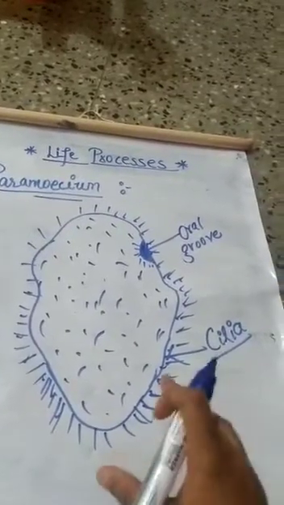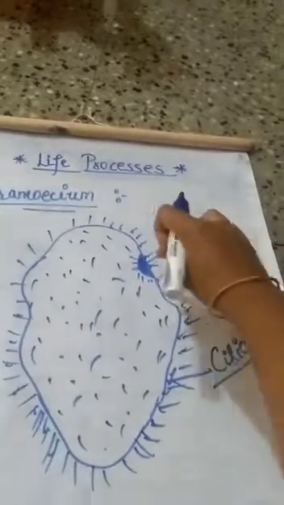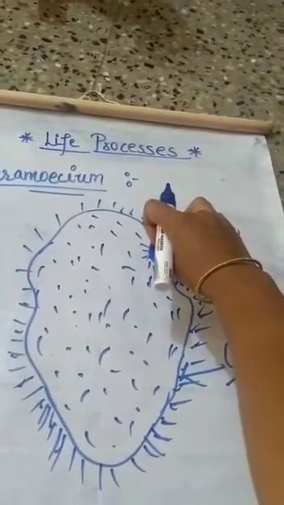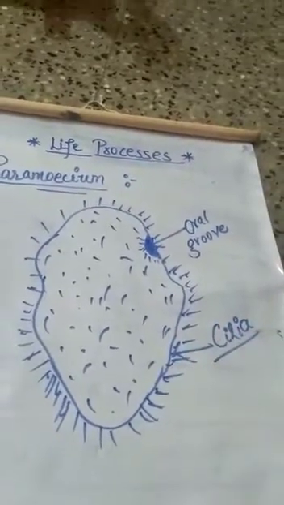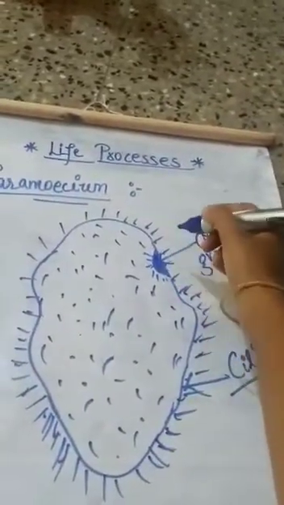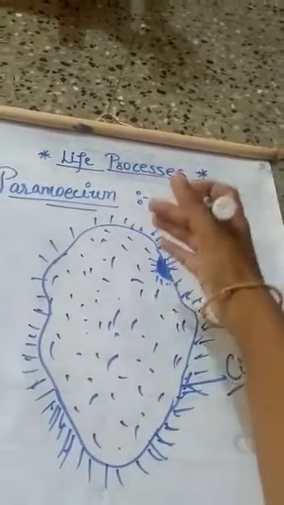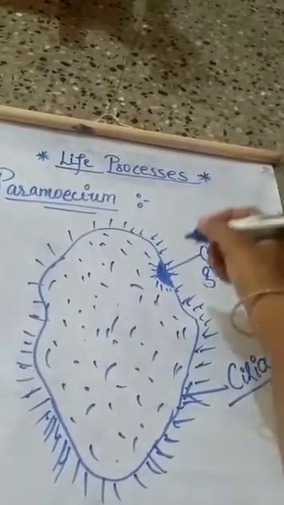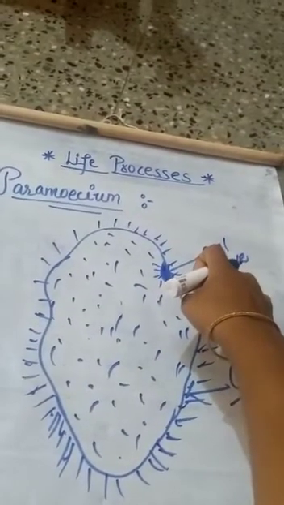So how does the food enter the Paramecium? As I said, there is an oral groove which helps the food to enter. So from here the food is trapped by the Paramecium. When the food is near the Paramecium, what happens? The food is trapped here by the oral groove.